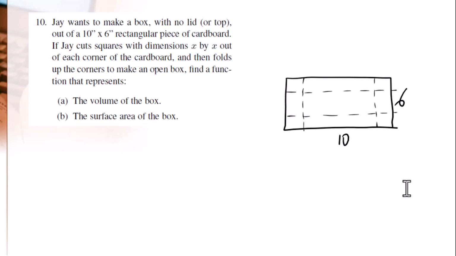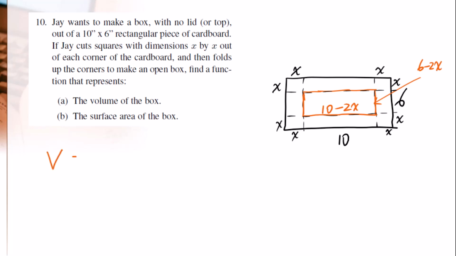We will cut squares with dimensions x. This will be the bottom of the box: the length is 10 minus 2x, and the width will be 6 minus 2x. The height will be x.